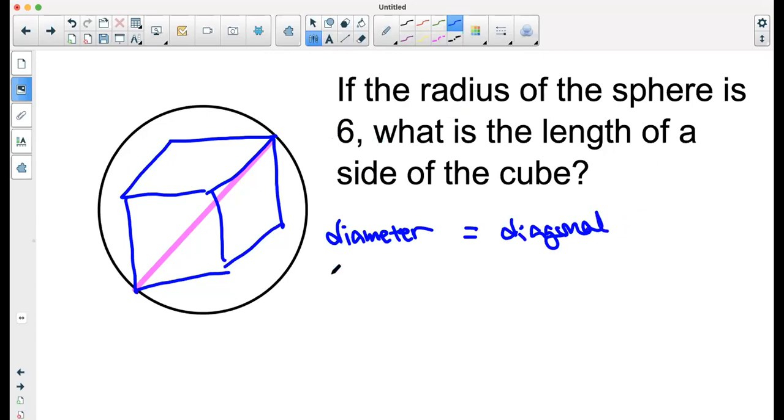So radius is 6, so that means diameter is 12. That must be the diagonal of the cube. But I don't know what the length of one side is, so I'm going to call that side A.